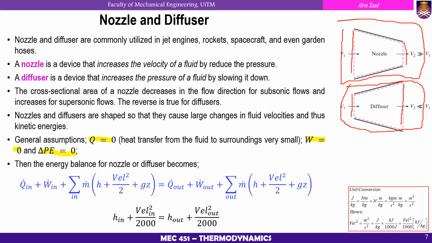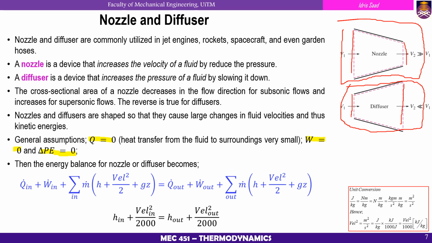This is basically because the nozzle and diffuser are always arranged in a horizontal streamlined fluid flow. The other reason is that the effect of potential energy is normally very, very small compared to the value of enthalpy.